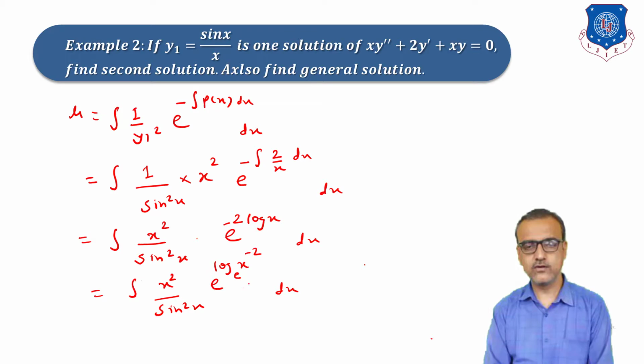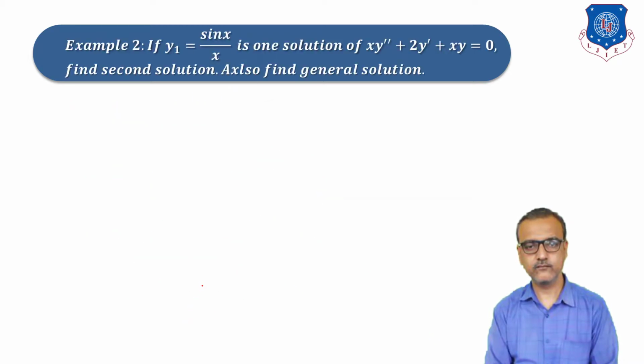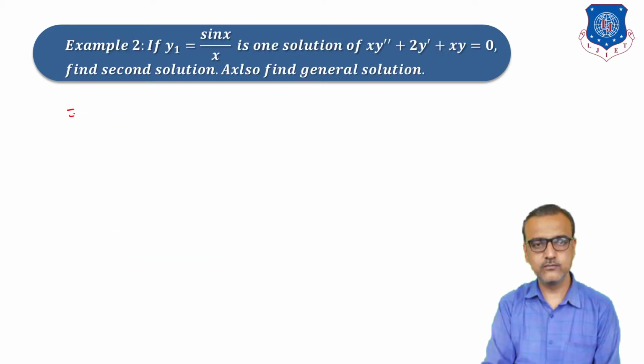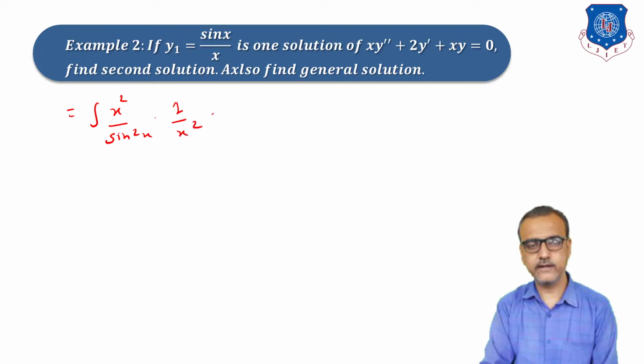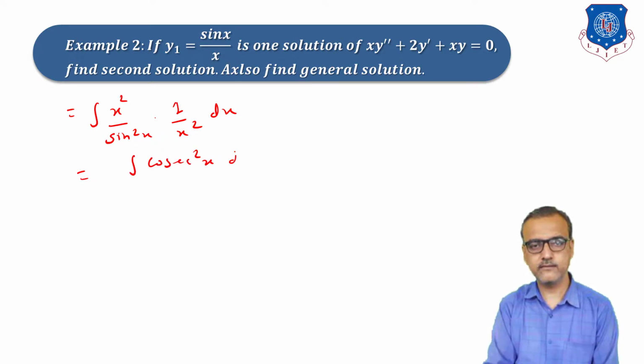So e raised to log x raised to minus 2 to base e is nothing but x raised to minus 2, which we write as 1 upon x square. So this is equals to integration x square over sin square x multiplied by 1 upon x square dx. So x square will cancel out, and 1 upon sin square x is cosec square x dx.